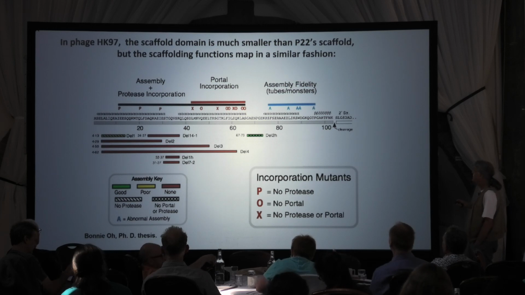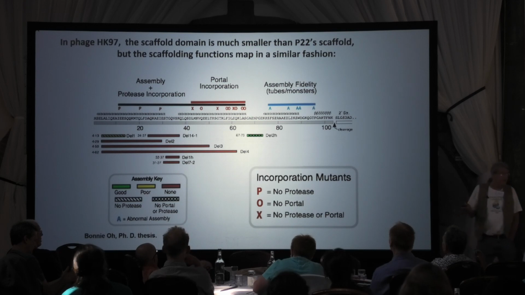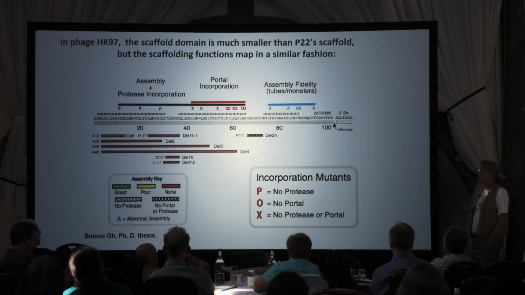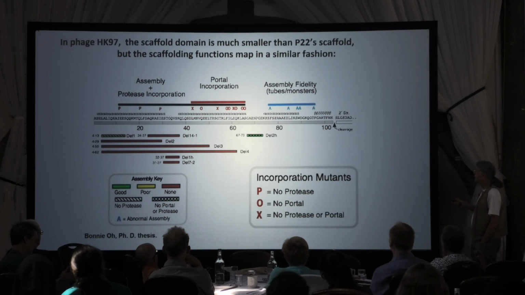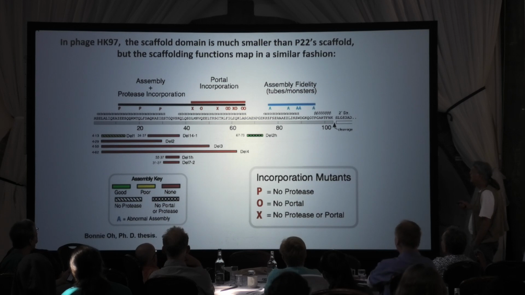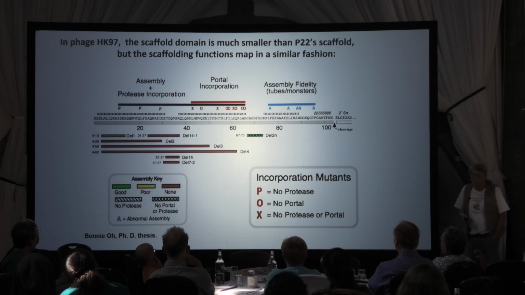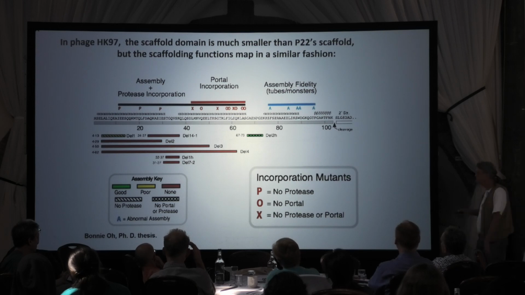And so we have mapped the C-terminal domain as the part that binds to the interior of the capsid, and point mutations in that domain lead to abnormal assembly, which is sort of like loss of a scaffold protein in other phage systems. We have portal incorporation mutants mapping in the middle. We also have some data about protease incorporation, which I'm not going to talk about today.